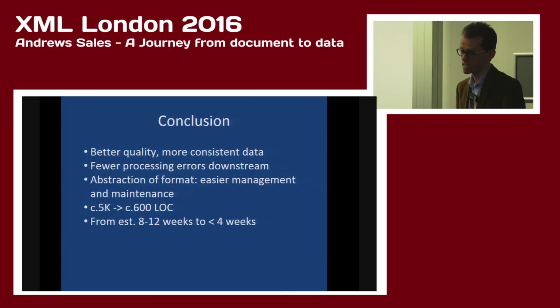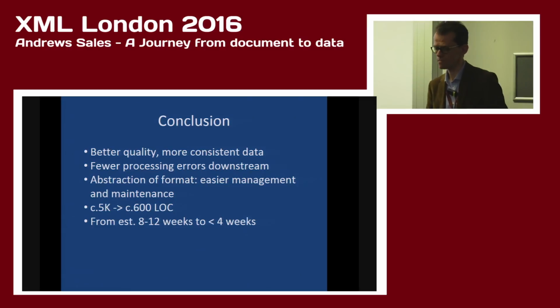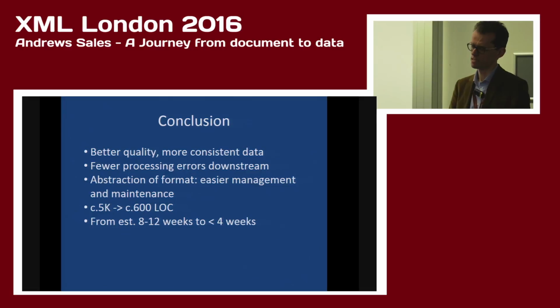And there was an estimate based on the migration work, which said that this piece, implementing the new editorial workflow, would take between 8 and 12 weeks, and this cut it down to less than 4. So it was quicker, and it was smaller, and it works better.